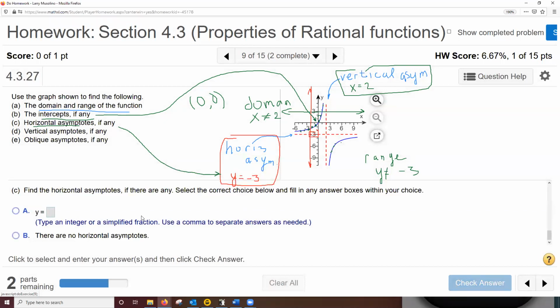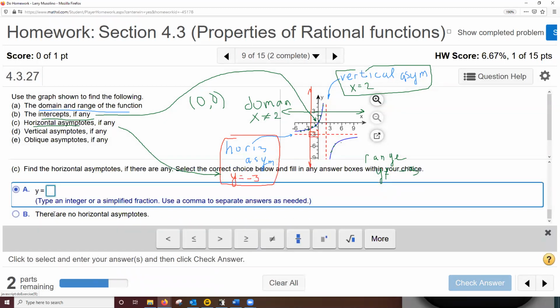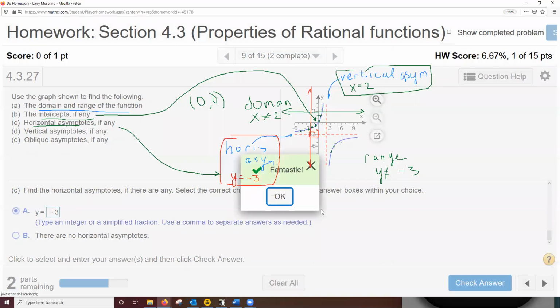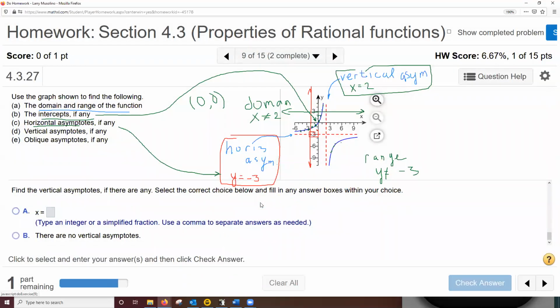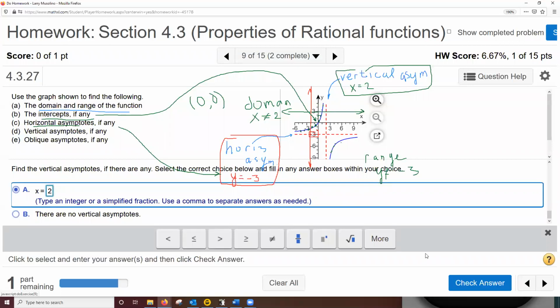What is the horizontal asymptote? It's the equation of this horizontal red dashed line, and that was y equals -3. What is the vertical asymptote? It's the equation of this vertical red dashed line, and that vertical line is x equals 2.